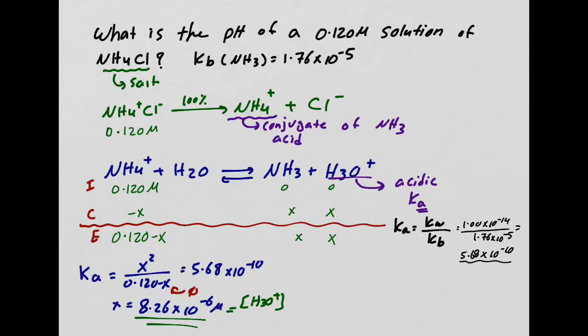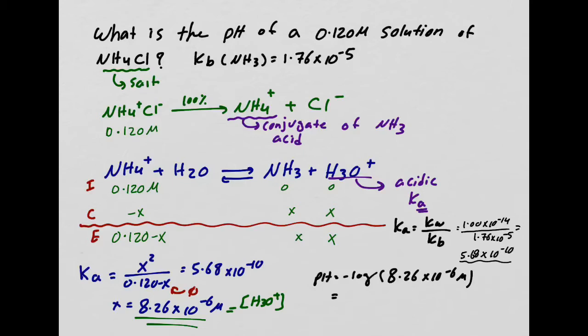X represents hydronium. Now we're back in business because I can use that to figure out the pH. So, what's that going to be? The pH is going to be minus log of the hydronium, which is 8.26 times 10 to the minus 6 molar.